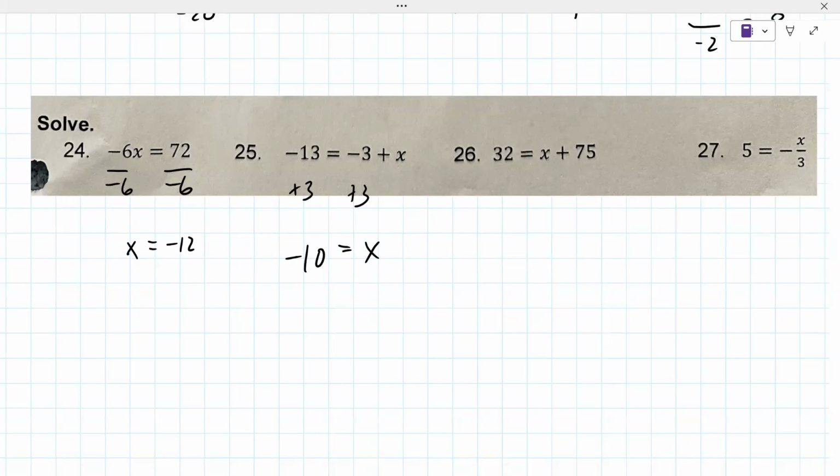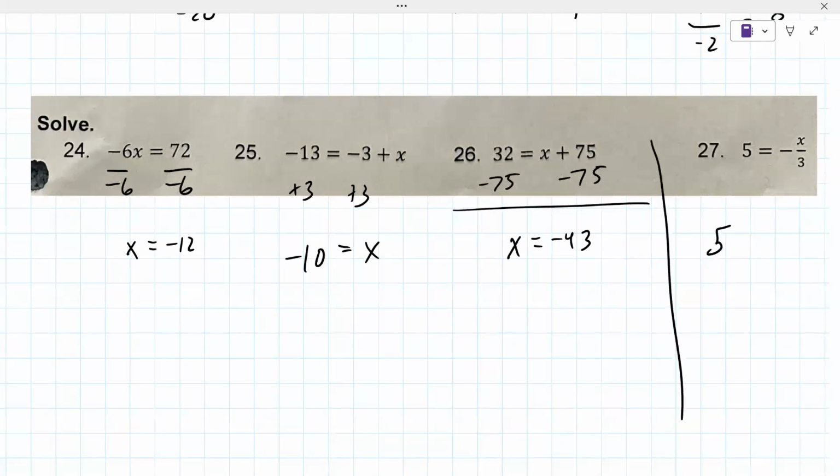Now 7, 9, 5. So you're going to subtract 75 from both sides. x equals -43. Good. Now on this one, let me rewrite it here, because your teacher didn't really give you a fair chance in this.